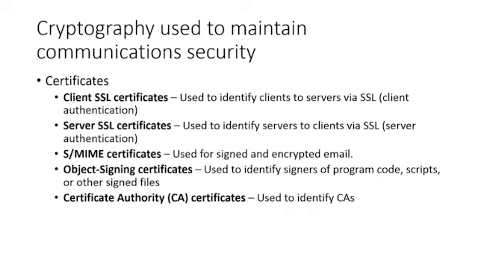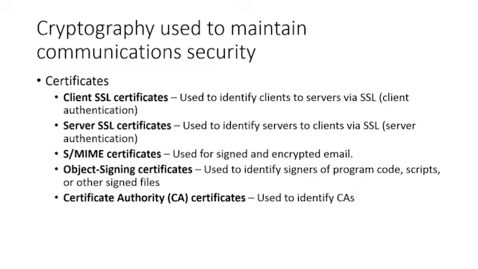Now, those certificates that I mentioned just a second ago, we can have different ones when it comes to secured communications. We can have client SSL certificates. I should mention, I don't think I put this on the slides, but anywhere we have SSL, we can have TLS, which is an updated version of SSL if you want to look at it that way.